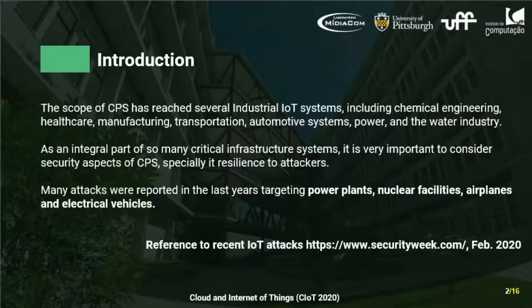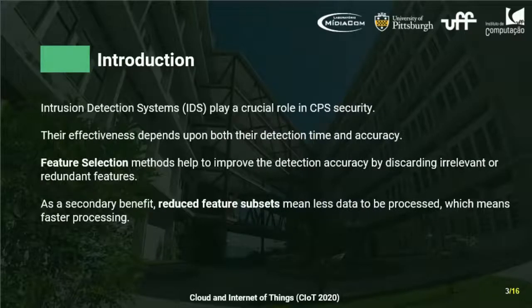And also, it's very important to consider security measures for both prevention and detection of threats. In recent years, many attacks were reported targeting power plants, nuclear facilities, airplanes, and electrical vehicles. Therefore, for this reason, intrusion detection systems play a crucial role in cyber-physical system security.